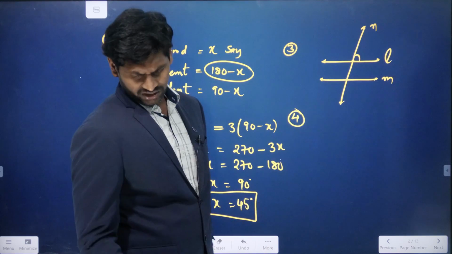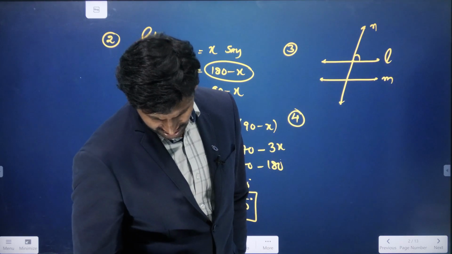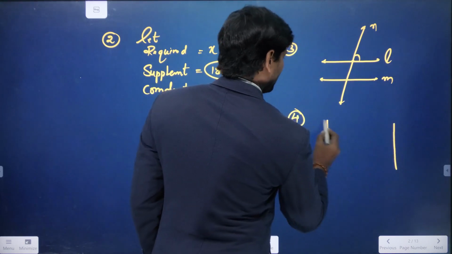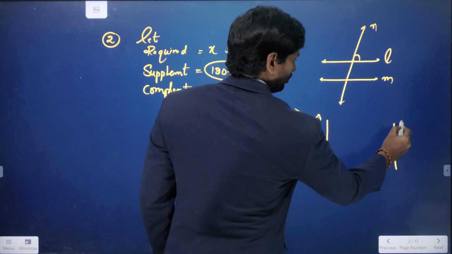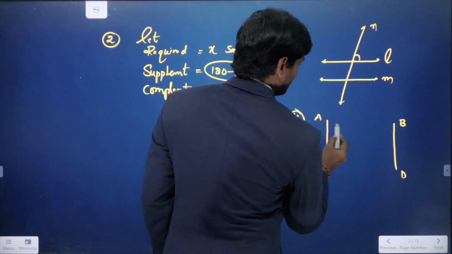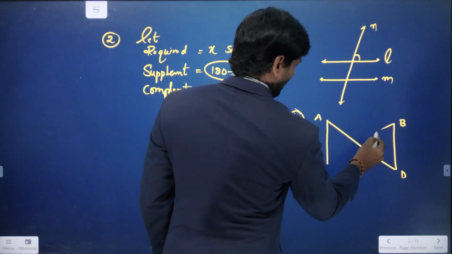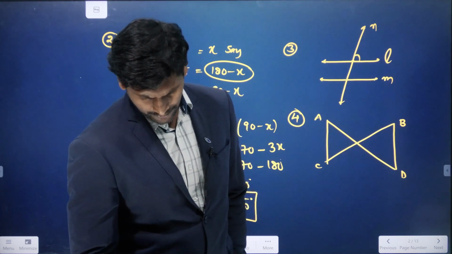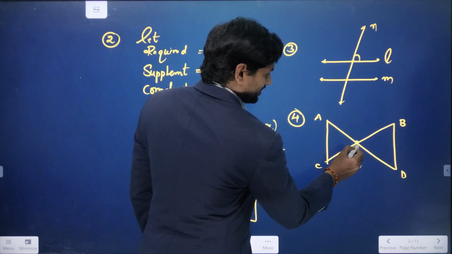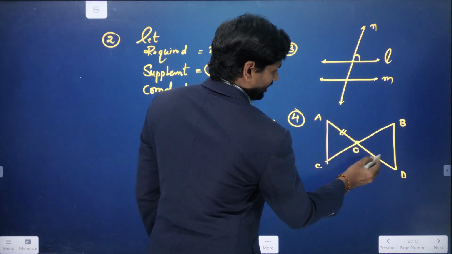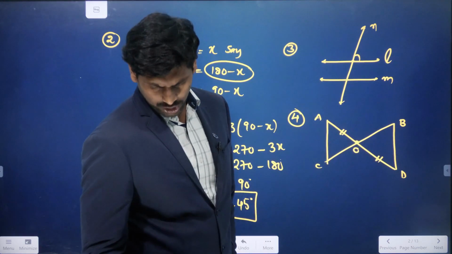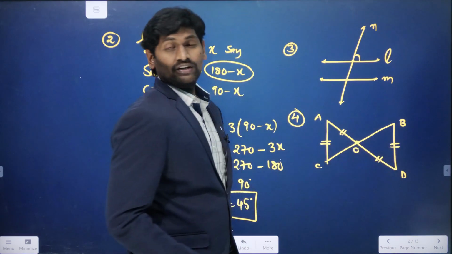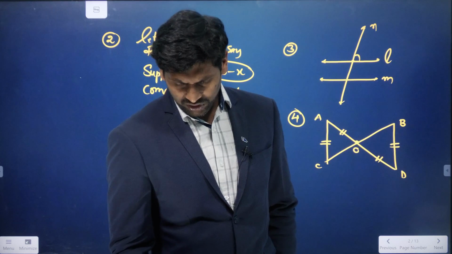In that diagram, AC and BD are two line segments, and A to D is joined and B to C is also joined. The intersecting point is taken as O, and AO and OD distances are equal, and AC and BD distances are equal.